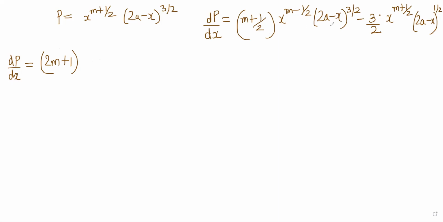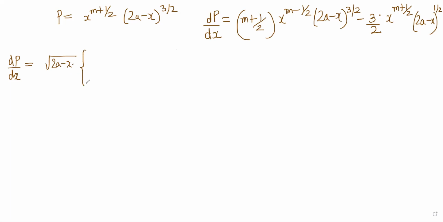So what we'll get here is, I think we have to take root 2a minus x common here. Yeah, I think what we do is take root 2a minus x common.